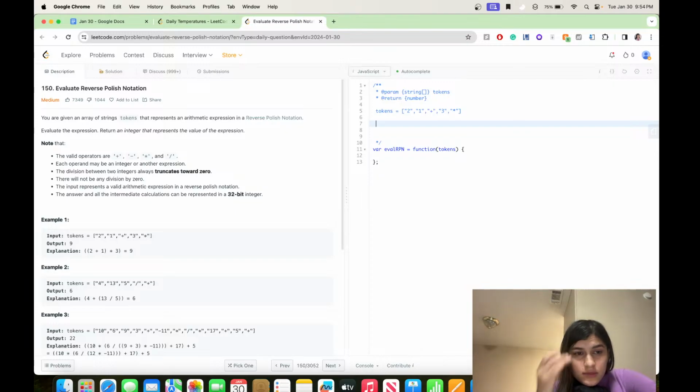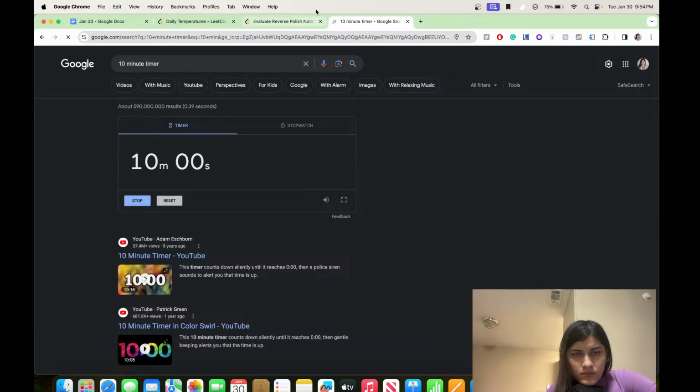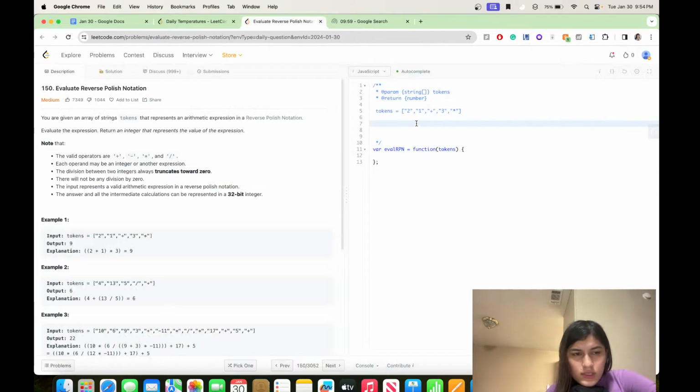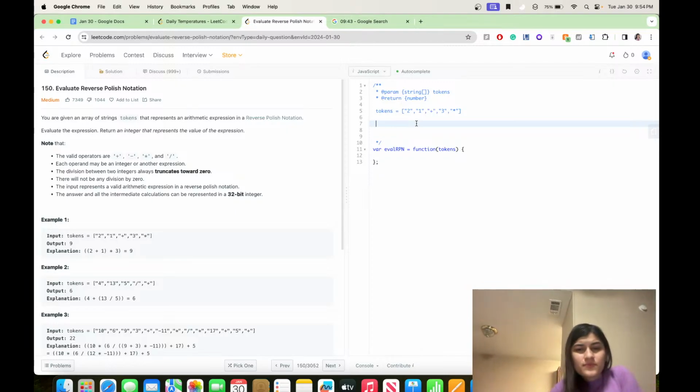There will not be any division by 0. The input represents a valid arithmetic expression in Reverse Polish Notation. The answer and the intermediate calculations can be represented in a 32-bit integer.